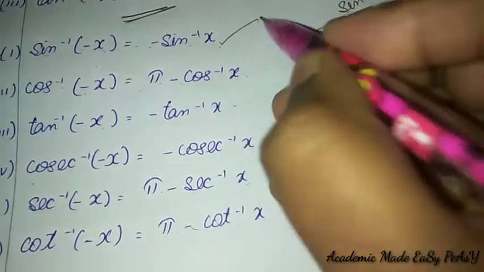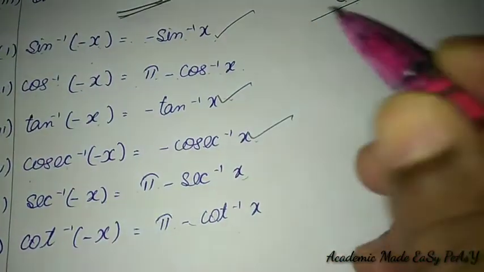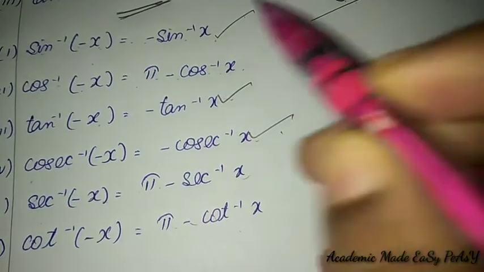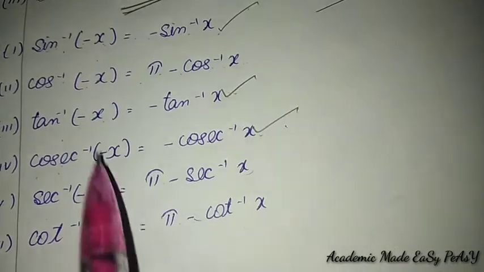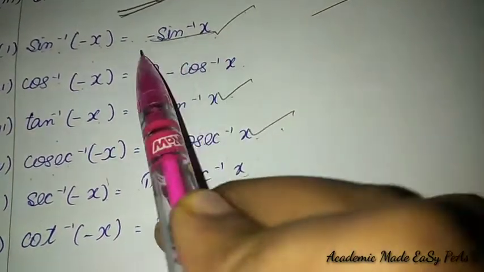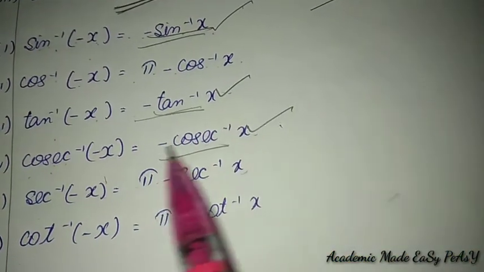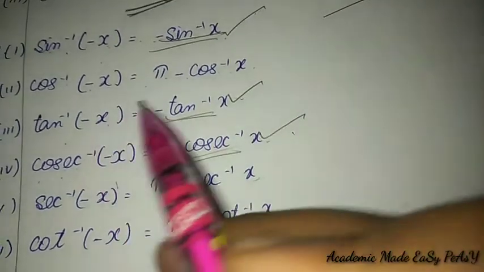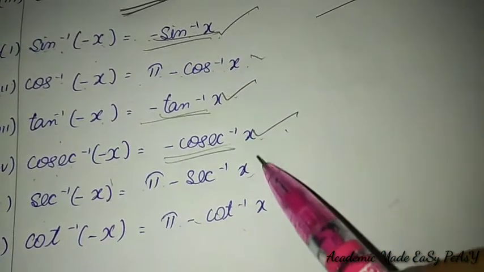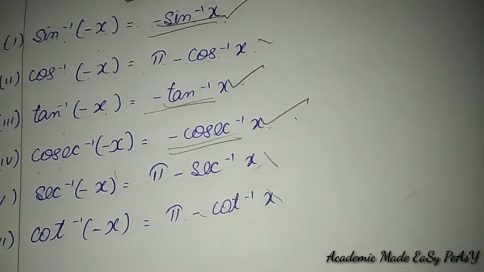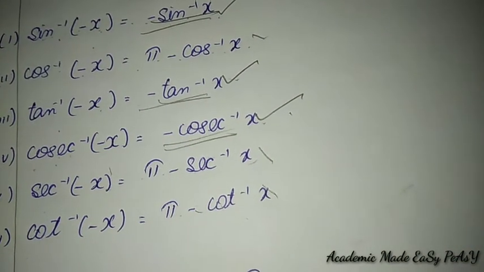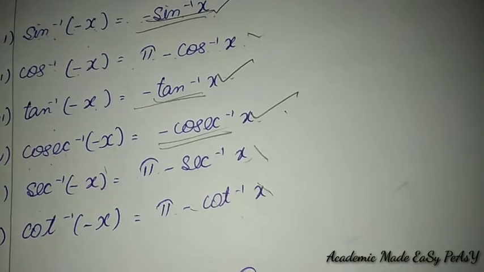Just group sine, tan and cosec, these three together. If these three are with minus x, then it will become minus sine, minus tan and minus cosec. If you take cos, sec and cot with minus x, then it will be pi minus that function.